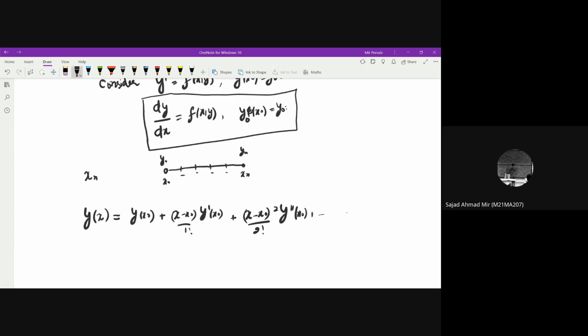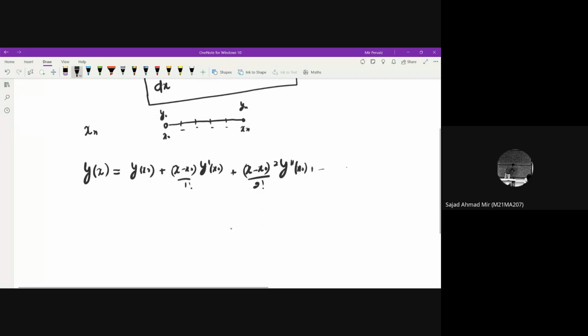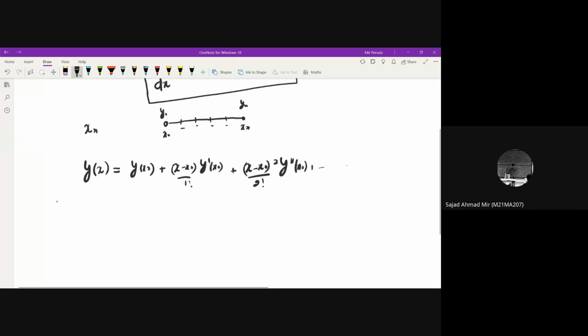So this is your Taylor series approximation of the original function y. What you can do is truncate after a certain number of terms, and drop the other terms.